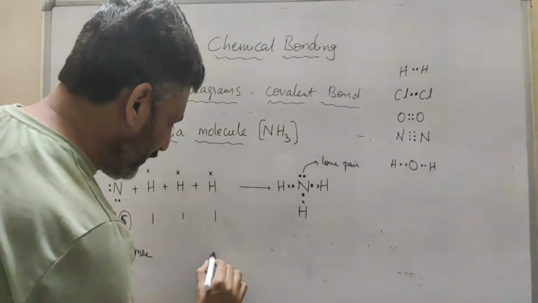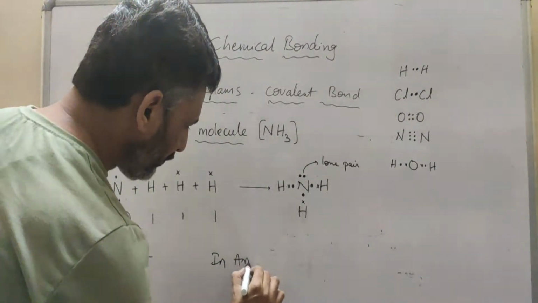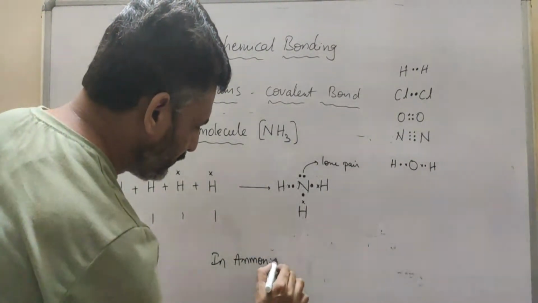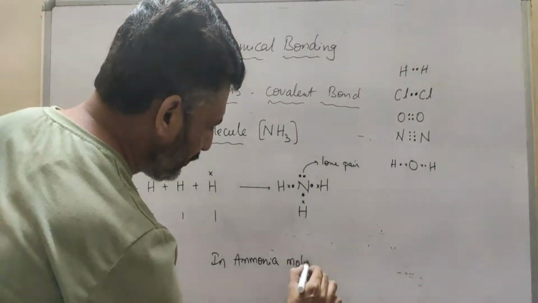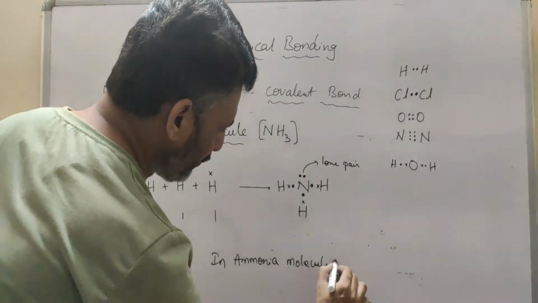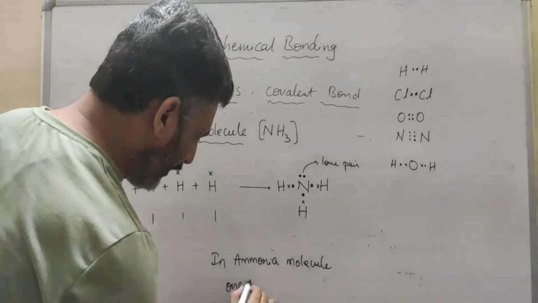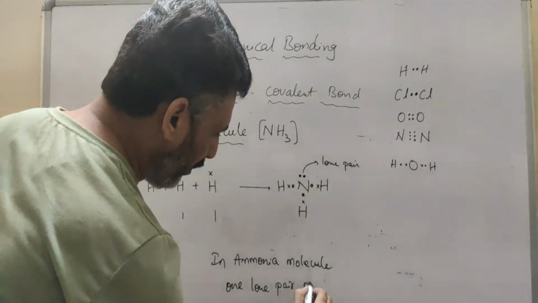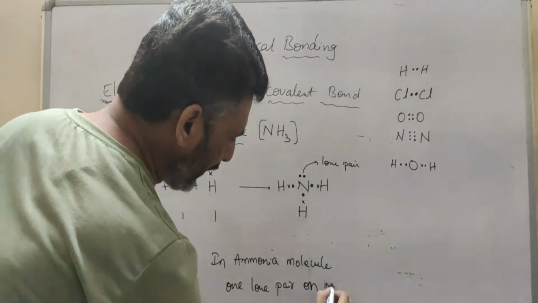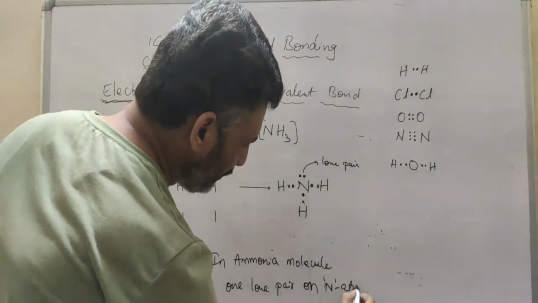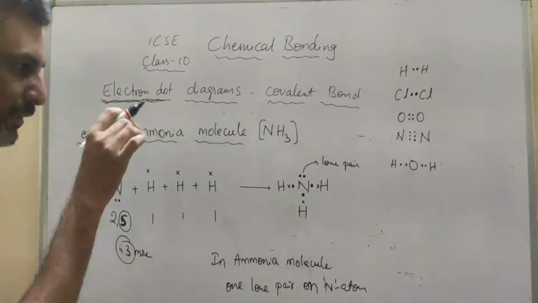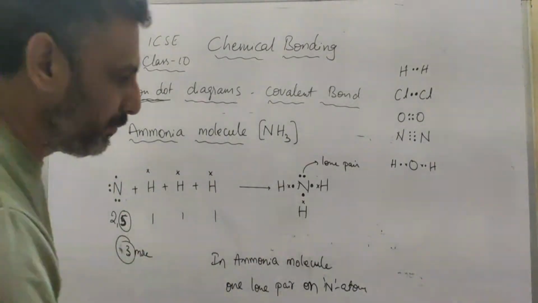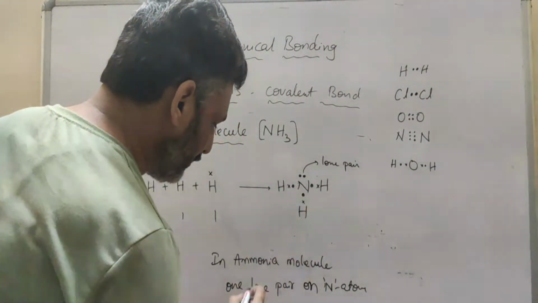That means in the ammonia molecule there is one lone pair. Where is it? On the nitrogen atom. Where that lone pair is present is also very important. It is on the nitrogen atom.